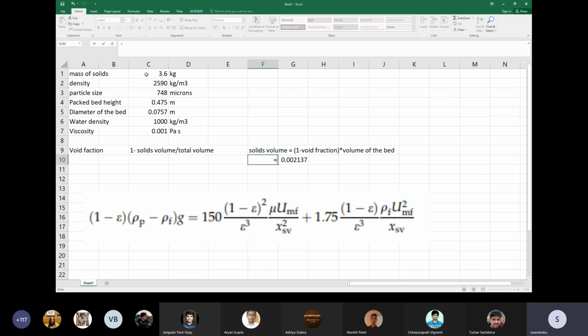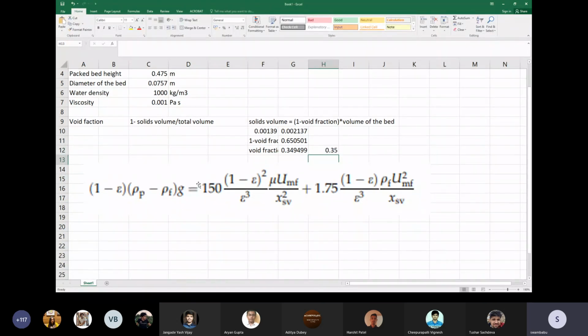Solids volume is mass of solids divided by density. So this is the solid volume, and this is the volume of bed. 1 minus void fraction is solid volume by the total volume. So void fraction is equal to 1 minus this one. The void fraction is roughly 0.35.